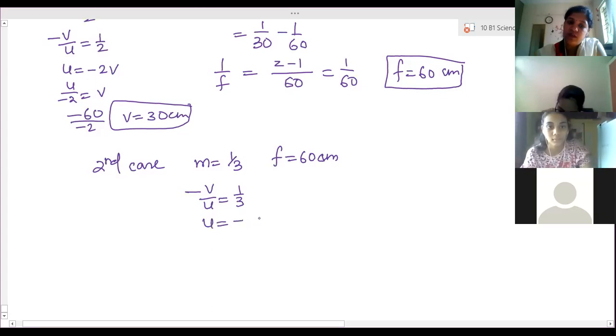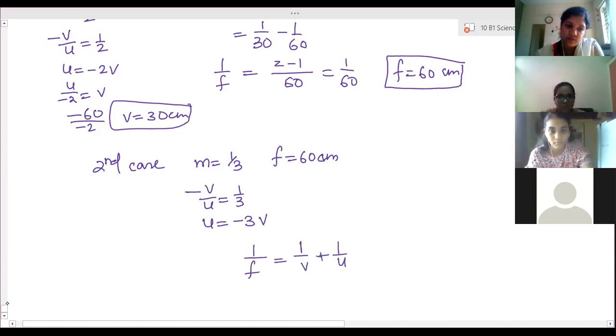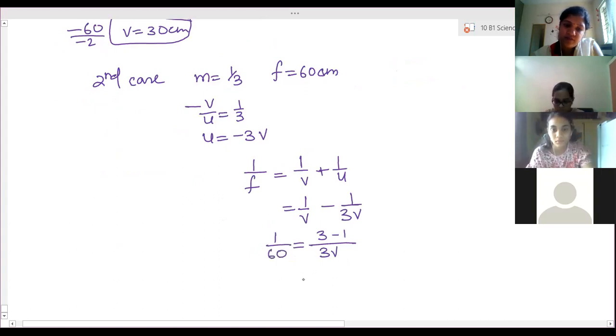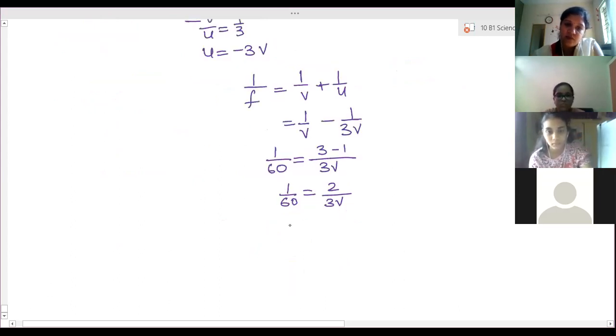U is equal to minus 3v. 1 by f is equal to 1 by v plus 1 by u, so 1 by v minus 1 by 3v, which is 3 minus 1 by 3v, equal to 1 by 60. 2 by 3v is equal to 1 by 60. 3v is equal to 120.